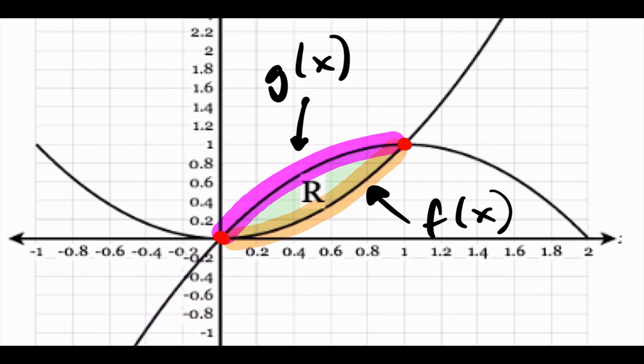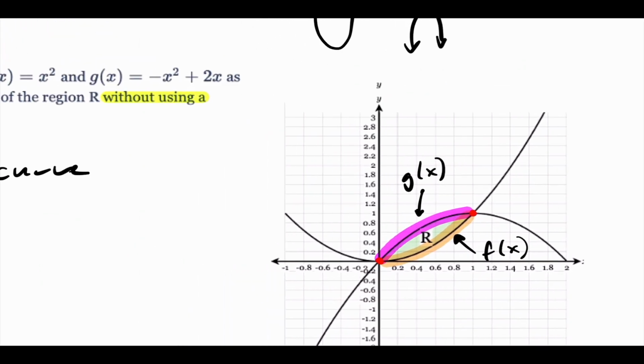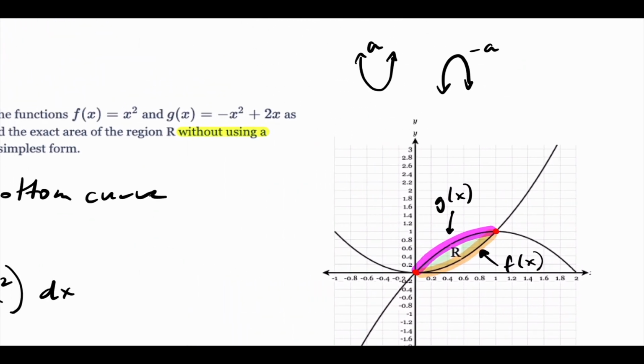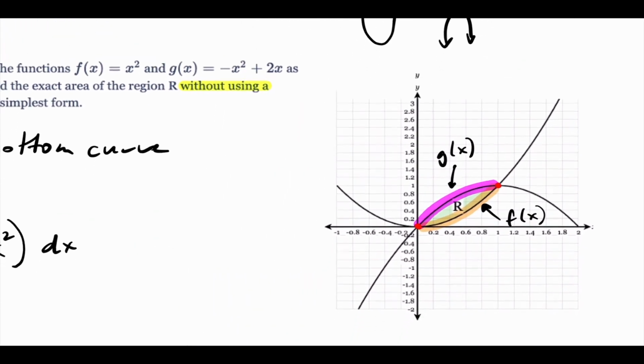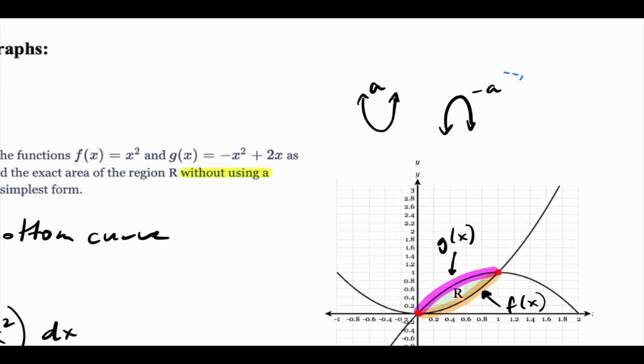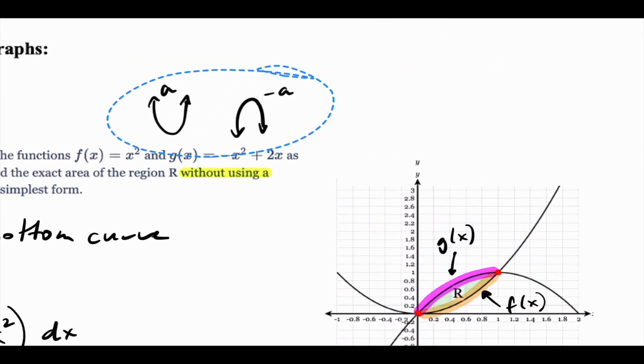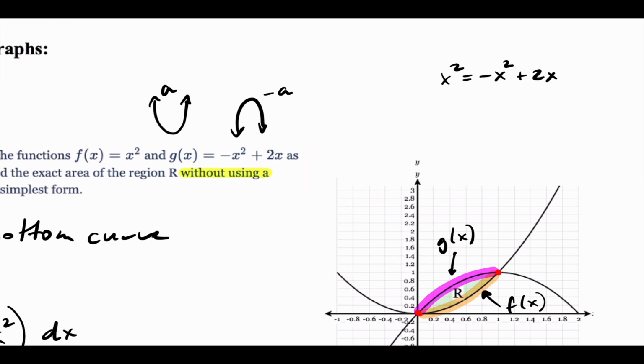Wherever they intersect is where they're equal to each other. So let's set them equal to each other. We can't use a calculator, so I can't graph them. So I'm going to set them equal to each other and solve for x.